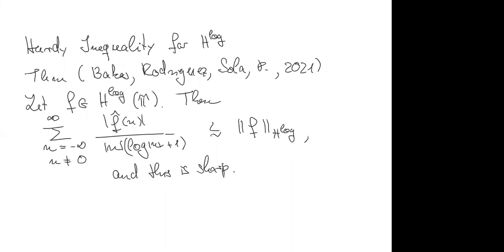So you get an analog of the classical Hardy inequality, only you have one extra log term which you need. And sharpness here means if you try to do this with a smaller power of log, then it doesn't work.